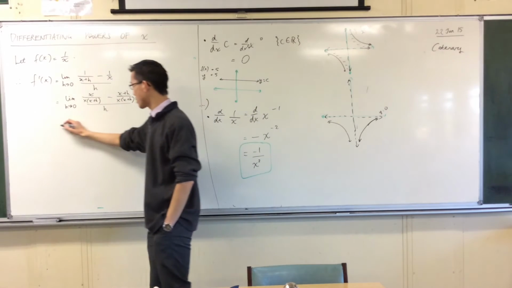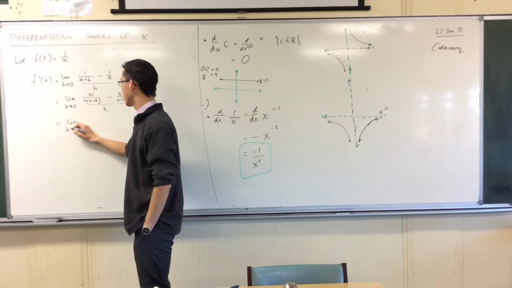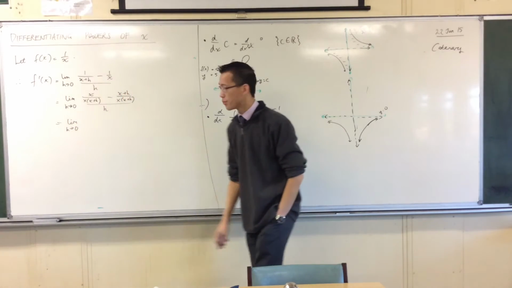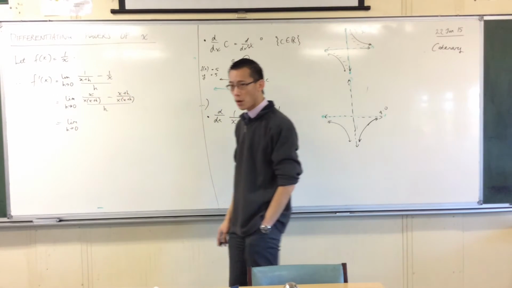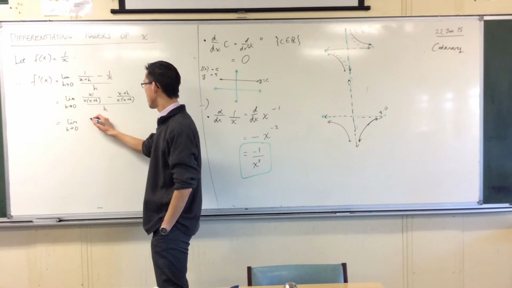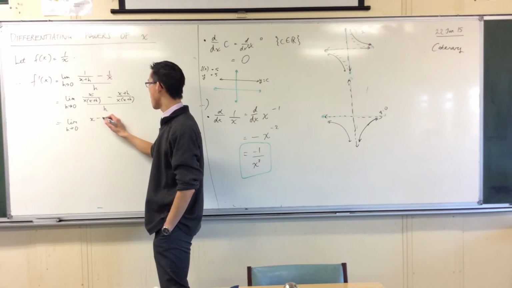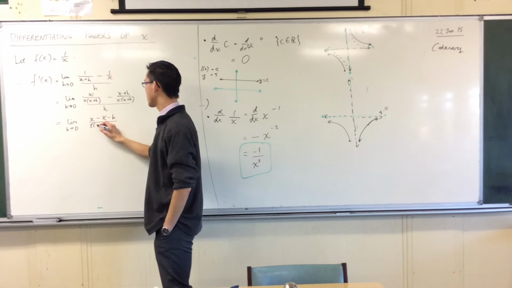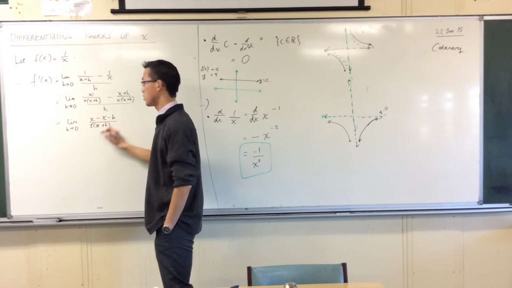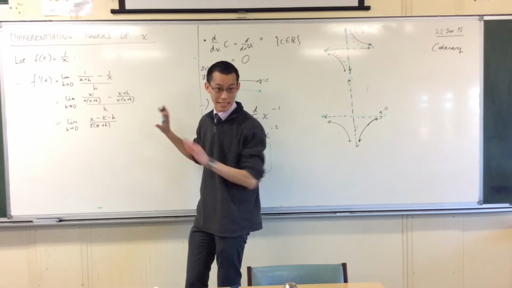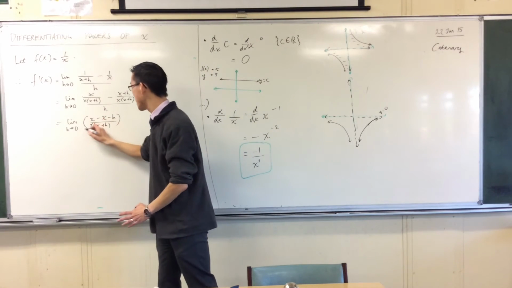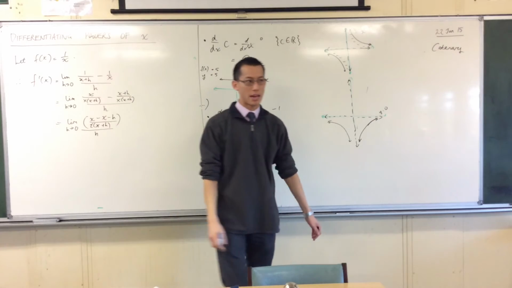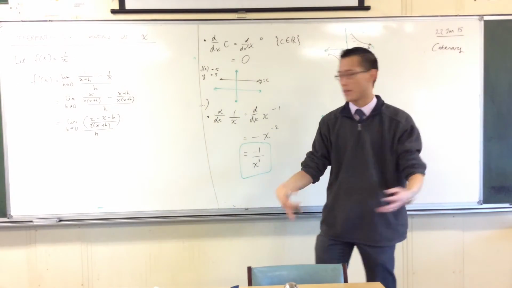So now when I take the limit, what's happening up there? I'm going to have x minus x plus h on x plus h. Do you agree with that? That's just the numerator, being divided by h. Just combine the fractions together.